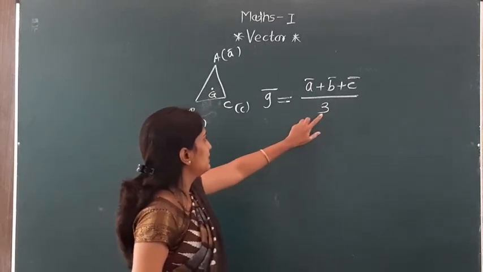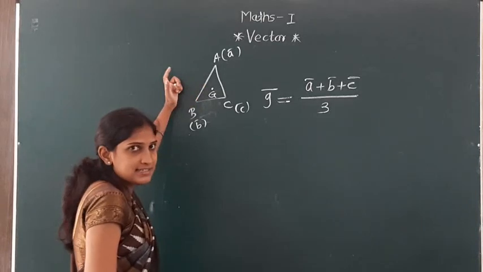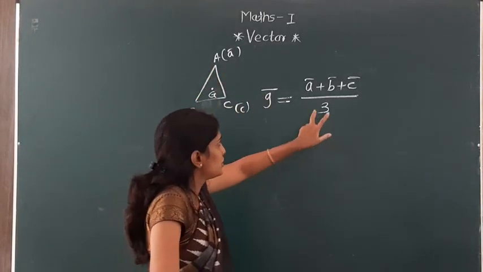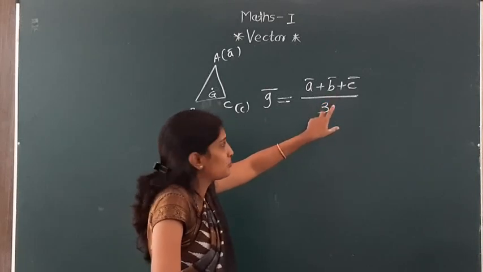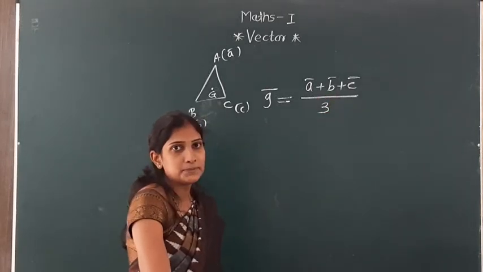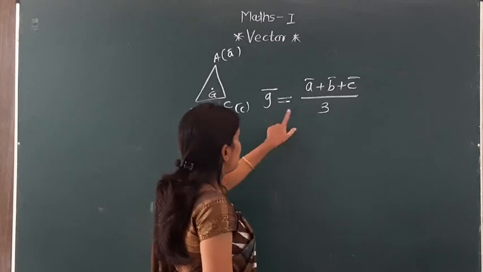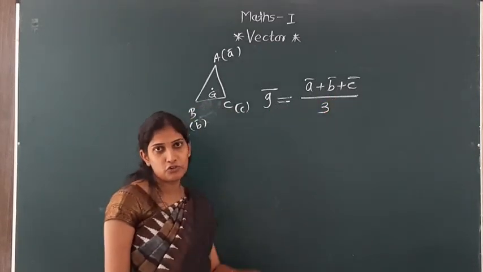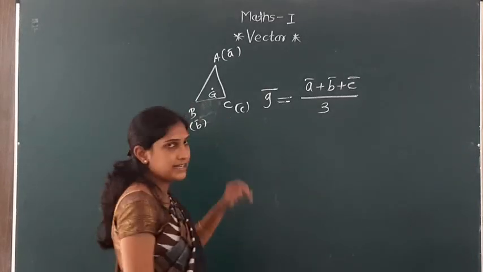Here divided by 3 because G divides it in a 2:1 ratio. So 2 plus 1 by the section formula becomes 3. This is the centroid formula of a triangle.